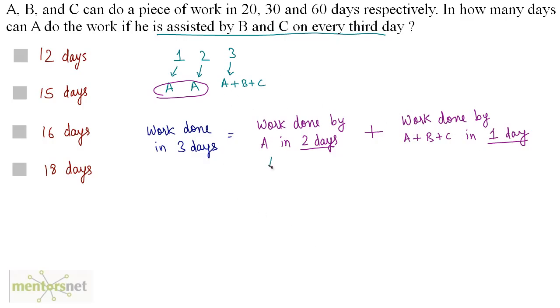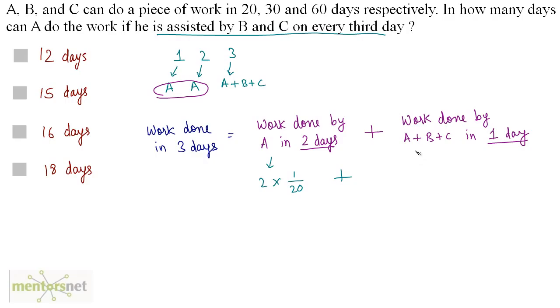So work done by A in 2 days will be equal to 2 times the work done by A in 1 day, and A can complete the work in 20 days, so the work done by A in one day is 1 by 20. We have this plus the work done by A, B and C in one day.